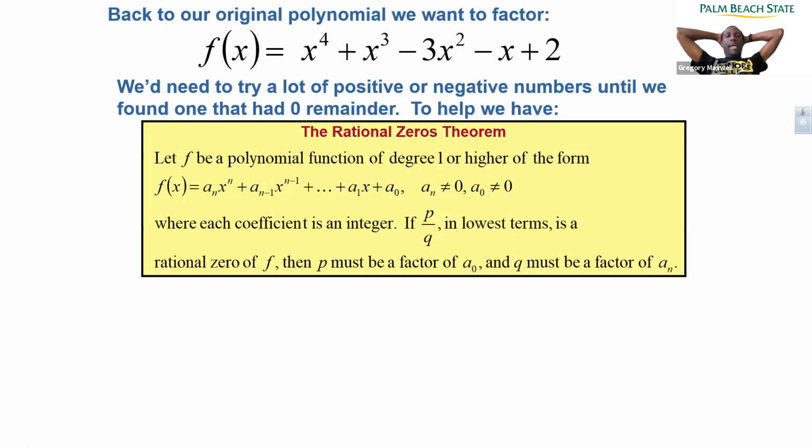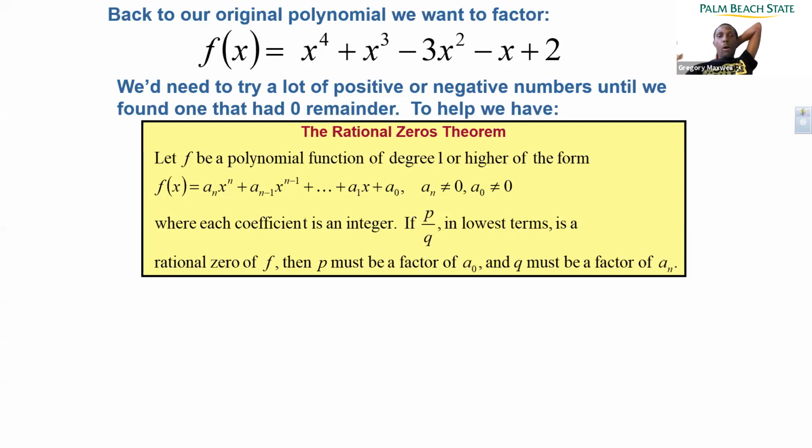All right, and you want to find out all the possible rational number zeros. That means all the possible zeros that are rational numbers. Rational numbers are real numbers that can be written as a fraction of 2 integers.